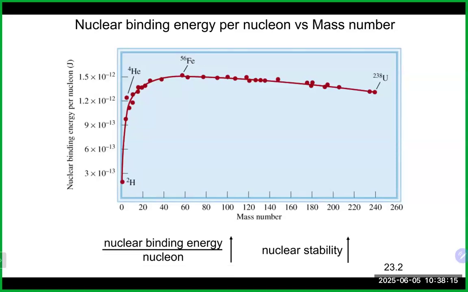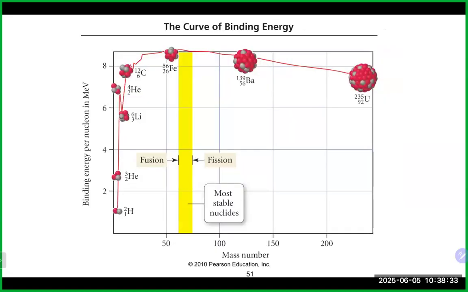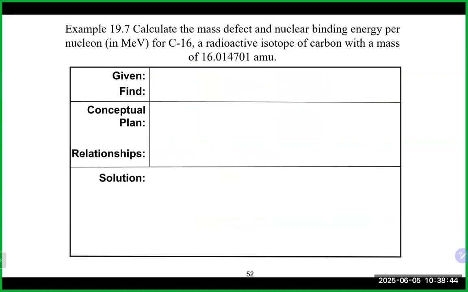The higher it is, and it's really iron-56 at the top, the more stable it is. So in addition to, for example, the N to Z ratio, you could use the binding energy per nucleon, if you have that information, to measure stability as well. And as you can see here, we've got our iron, and other nuclei will go through fission or fusion to try to get themselves into that more stable area.